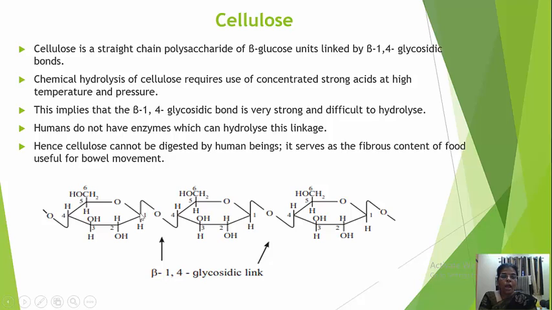Now this hydroxyl group which is present on carbon number 1 or the anomeric carbon forms a glycosidic linkage with the hydroxyl group of the second beta glucose molecule present on carbon number 4. Therefore, it is called beta 1,4 glycosidic linkage.